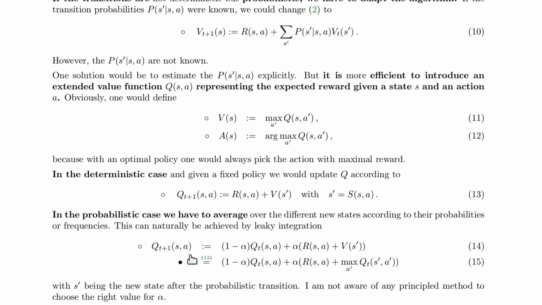We don't replace the old value, which is Qt of S and A, completely by this new value, but we simply replace a fraction of it by the new value, which is this one here. And alpha is the fraction that determines how much we replace by the new value, and we keep partly the old value. So let me illustrate that.